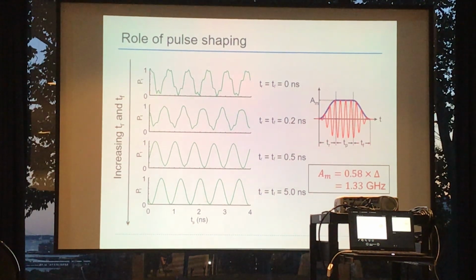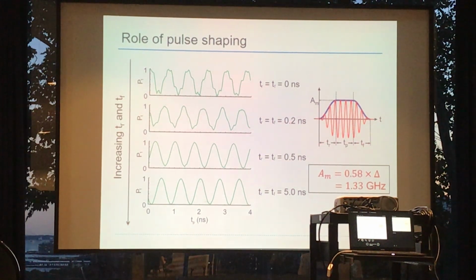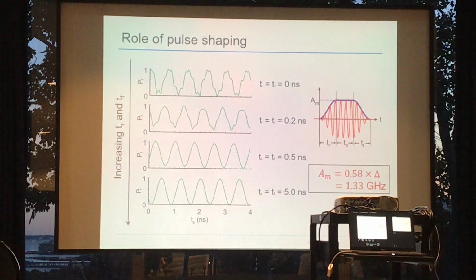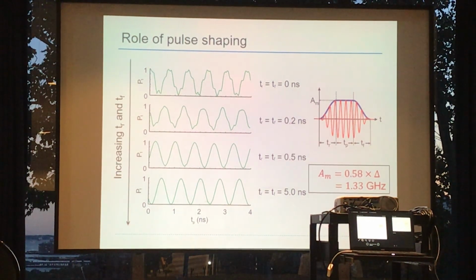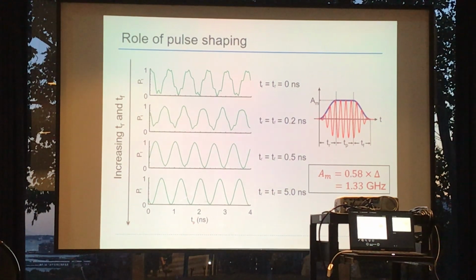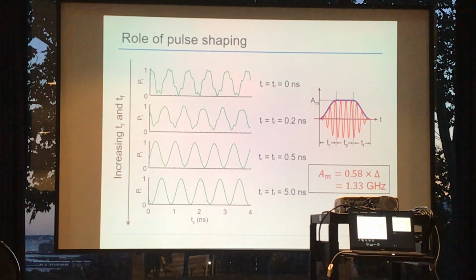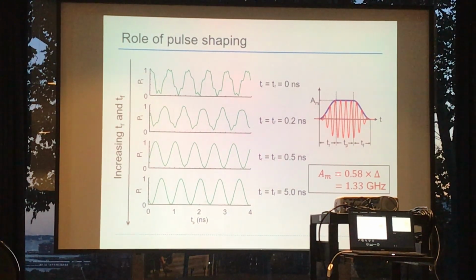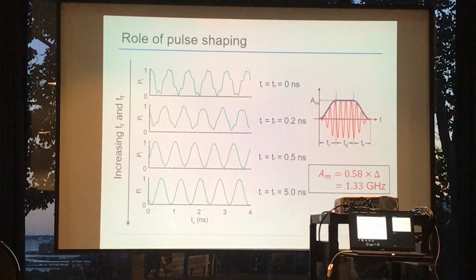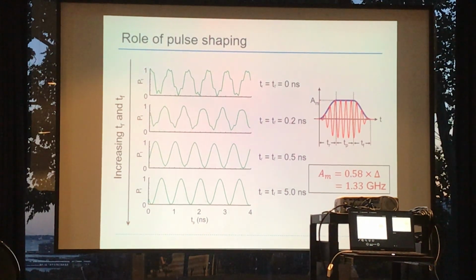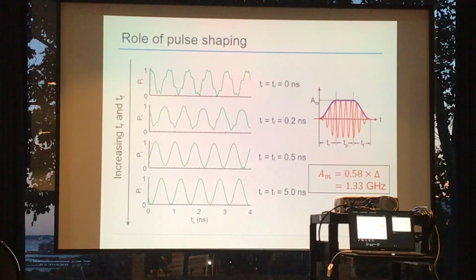So when you look at the oscillation between the ground and the excited state with long rise and fall times, we see a very clean Rabi-like oscillation between the two states of the qubit. And this is despite the fact that the driving amplitude is more than half the qubit transition frequency, where normally you wouldn't expect the rotating wave approximation to work anymore.